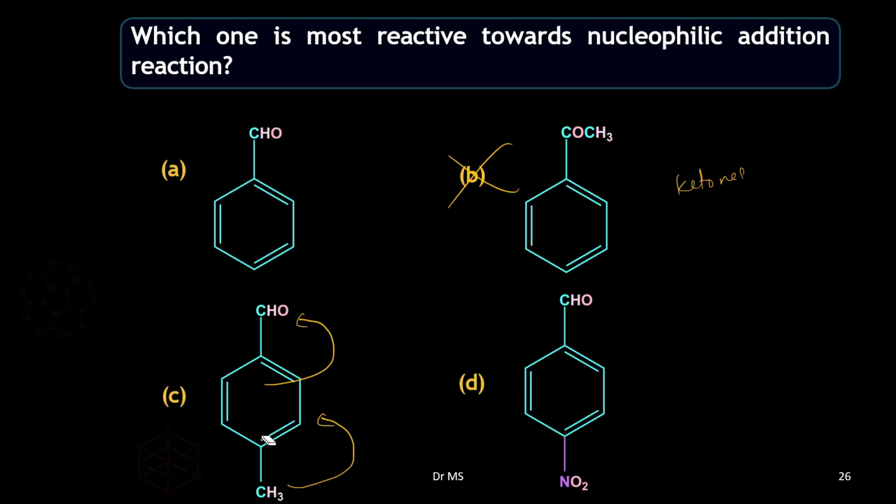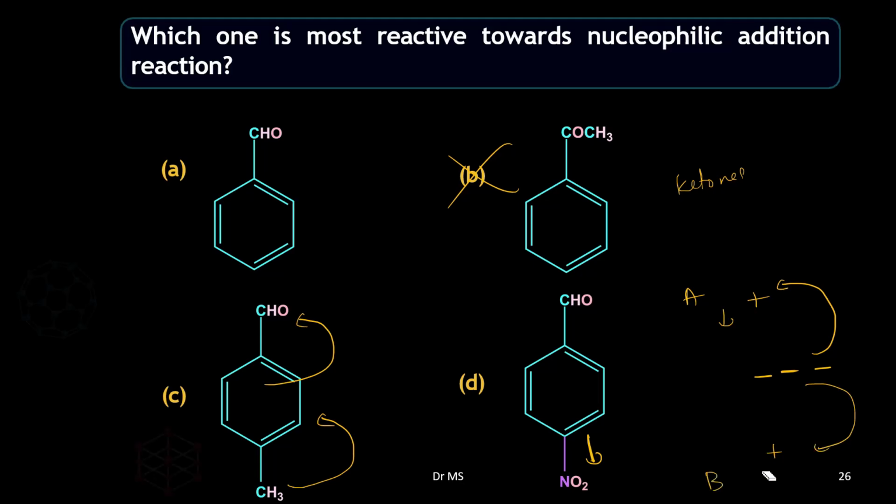Suppose you take the nitrogen dioxide, the NO2 group, it will take the electrons from the benzene ring. Suppose there is a negative charge, and here positive charge is present. If I give the negative charge to this A, then the positivity decreases. If I give the electrons to the B, then the positivity decreases.